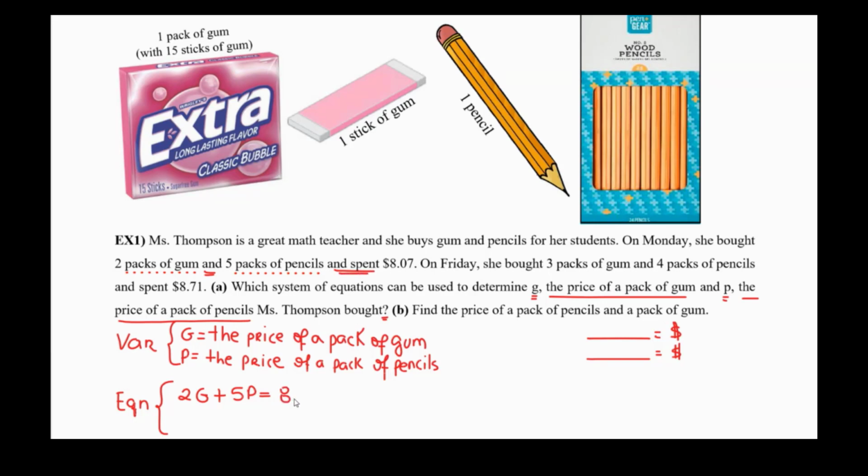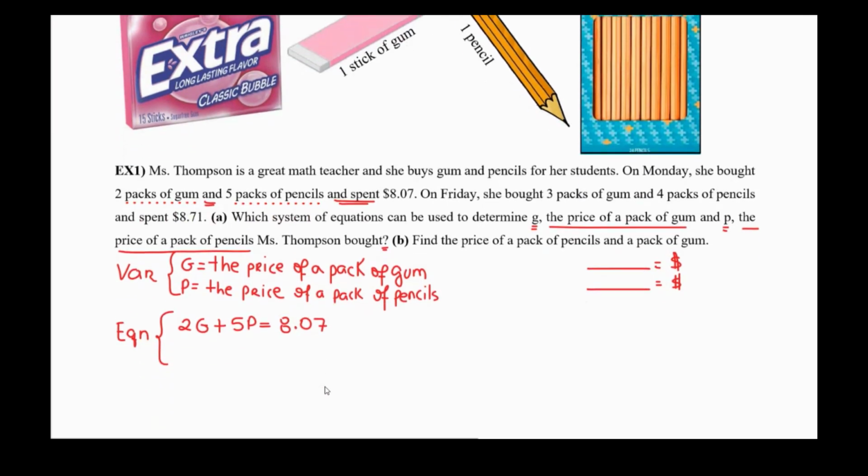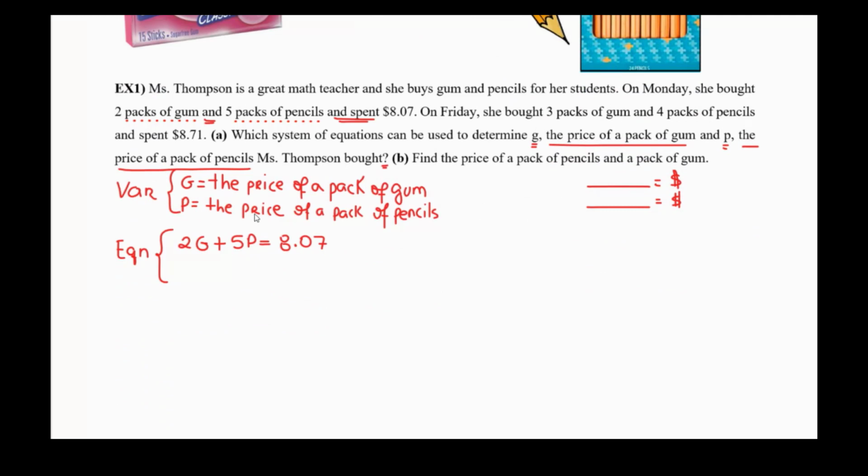So we're going to write that there. And then the next phrase says she bought 3 packs of gum and 4 packs of pencils equals a total of $8.71. Very good. So there we found our equations.